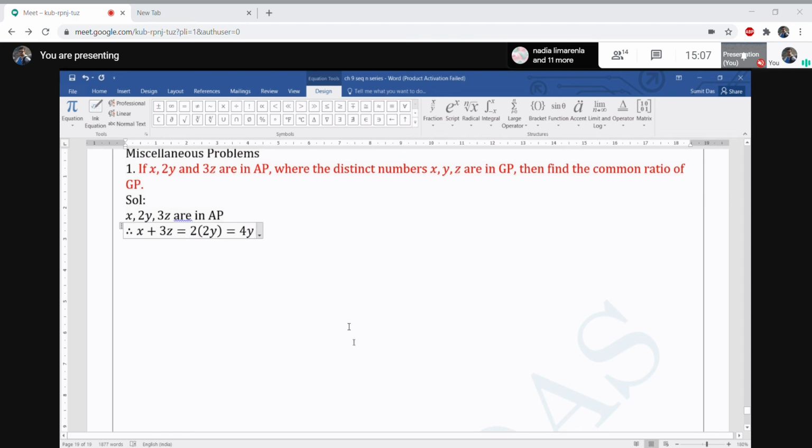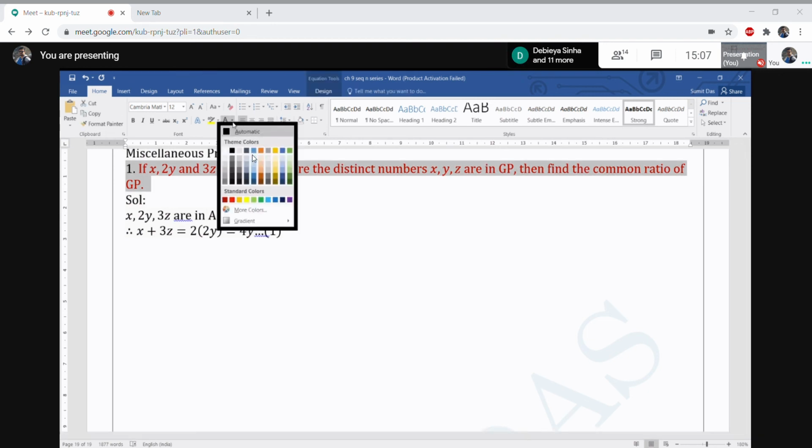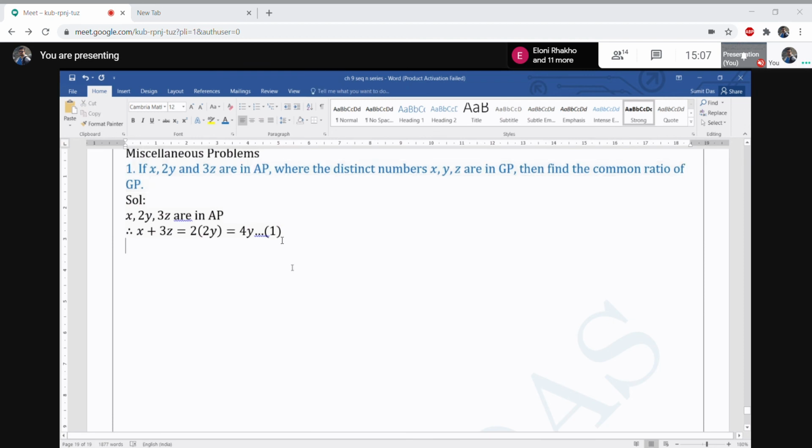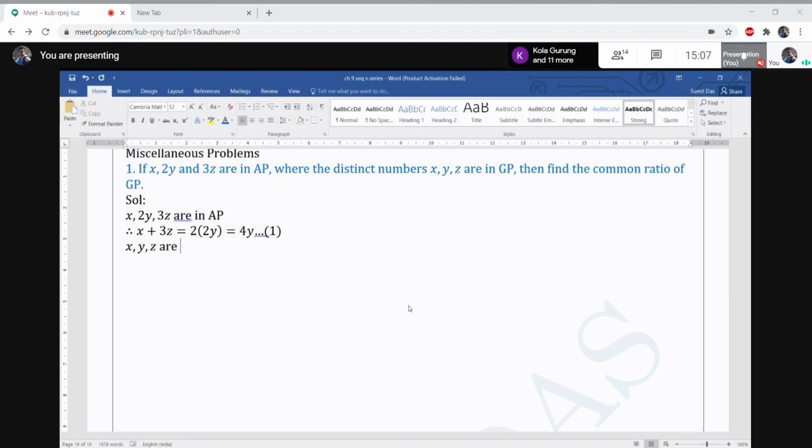So we'll mark this one as number 1. Then number 2, that is the GP. They're saying x, y, z are in GP. So what can we write?